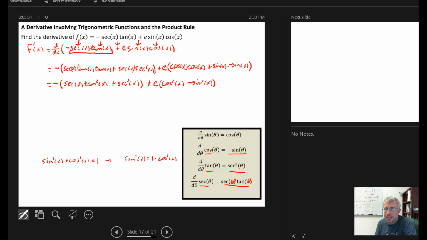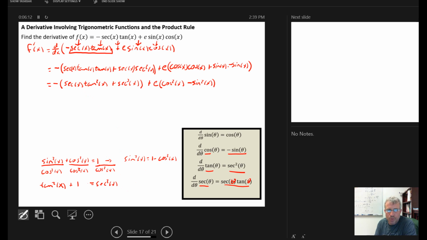And that means I can replace the sine squared here with 1 minus the cosine squared and get everything here in terms of cosine. And if I take the Pythagorean identity and divide both sides by the cosine squared of x, pull my fraction bar out, I get sine squared over cosine squared is tangent squared of x, plus cosine squared over cosine squared is 1 equals 1 over the cosine squared, which is the secant squared from trigonometry.